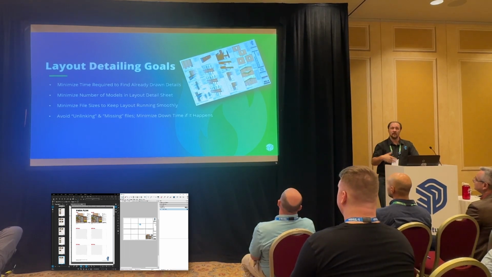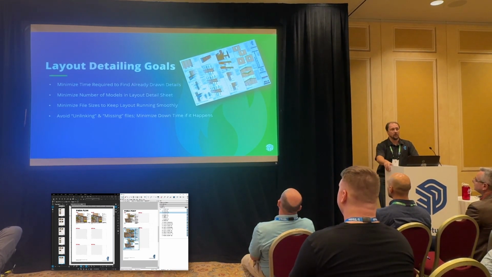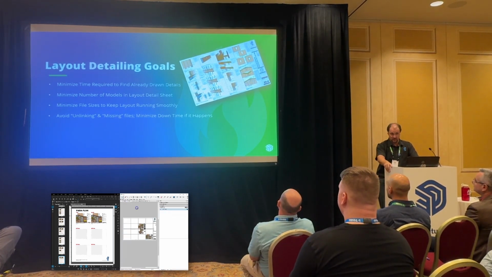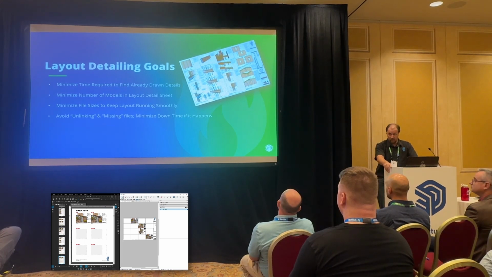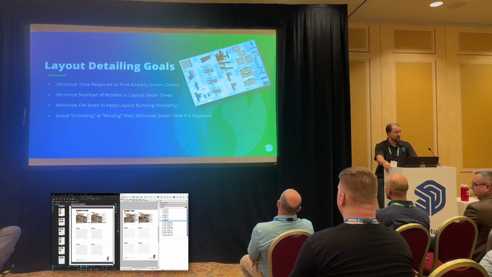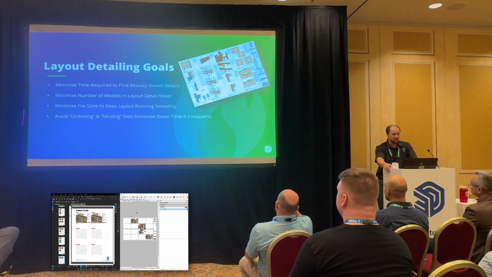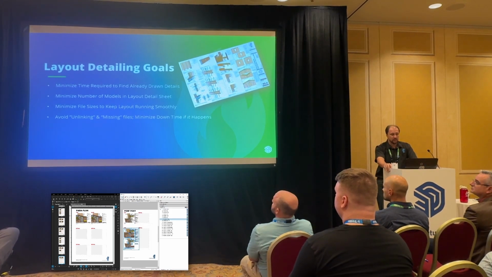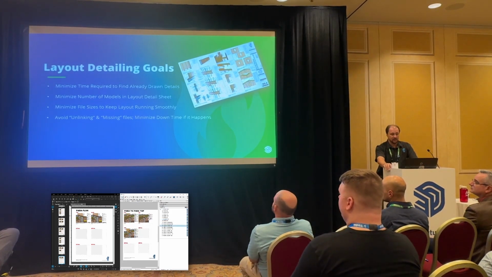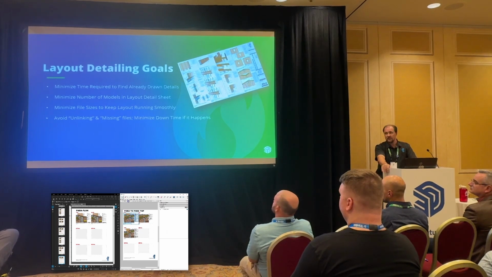It's gotten better as we've gone into SketchUp 24, hopefully better as we move forward, but especially earlier on, 20, 21, 22, the bigger those files got, the slower Layout ran. So that goes into the next one: minimize the file sizes to keep it running smoothly. And we also briefly already talked about avoiding the unlinking of missing files.